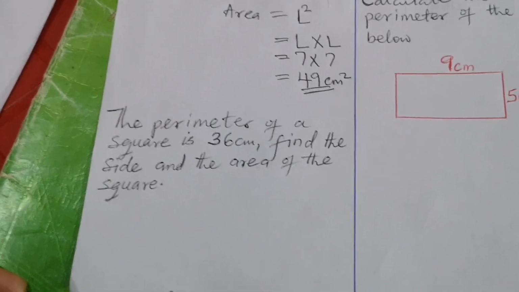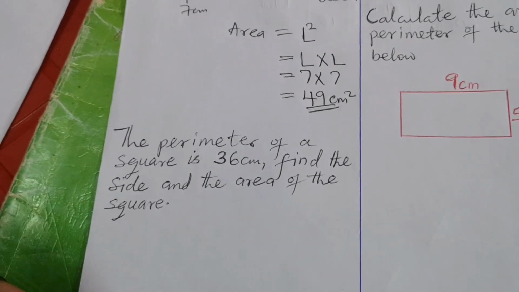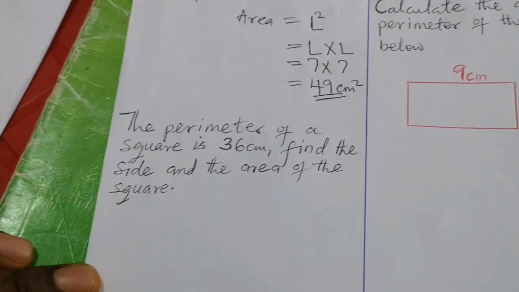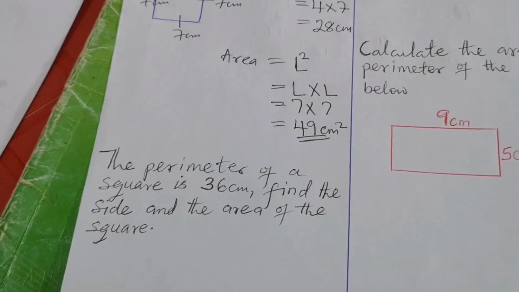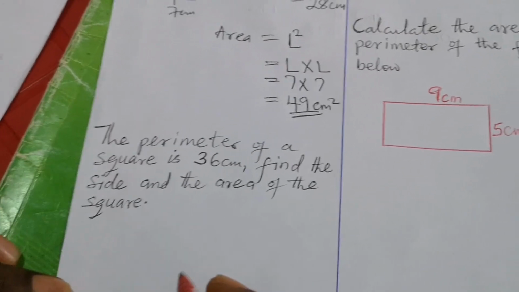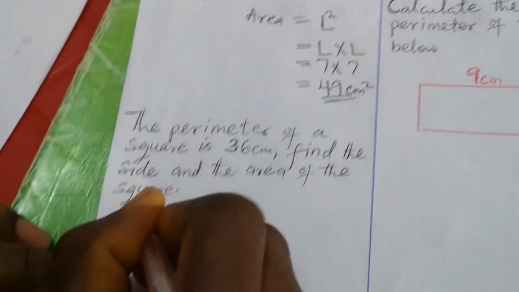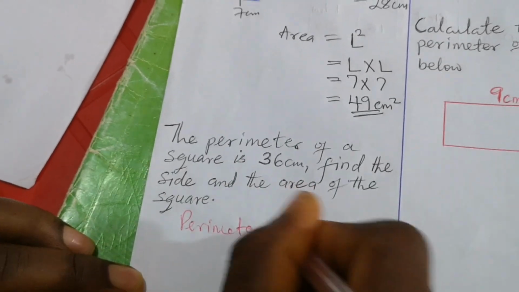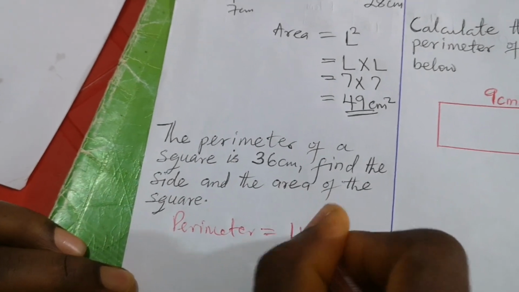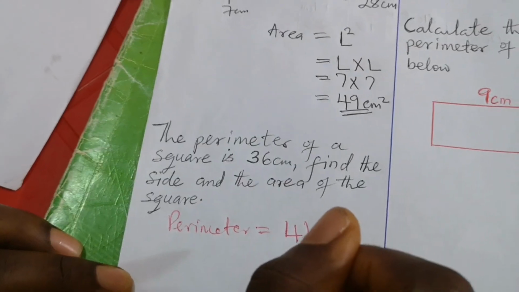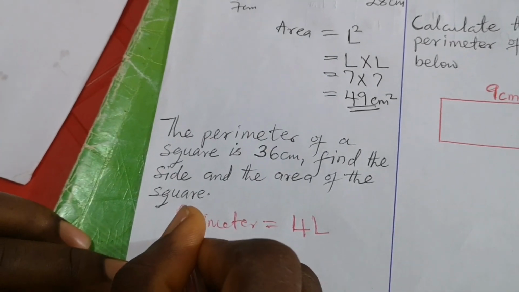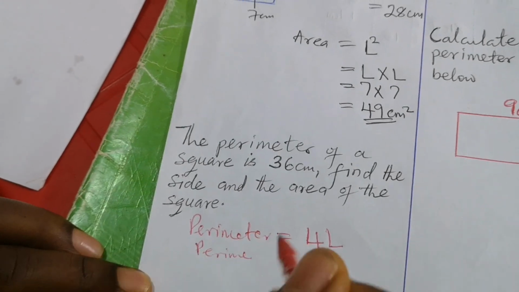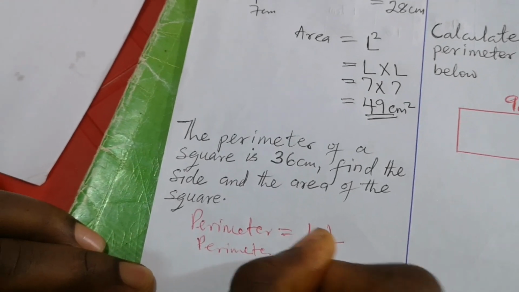Can you help me remind me the formula? Correct. That is the correct formula. The formula for calculating the perimeter of a square is 4L.